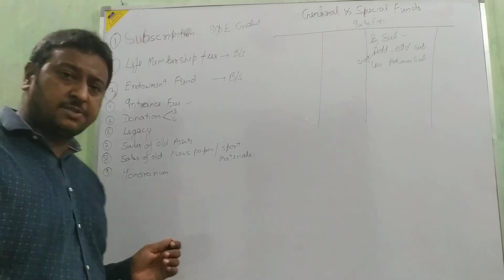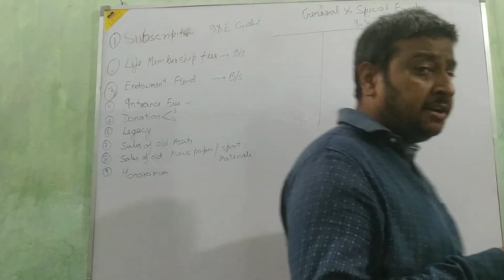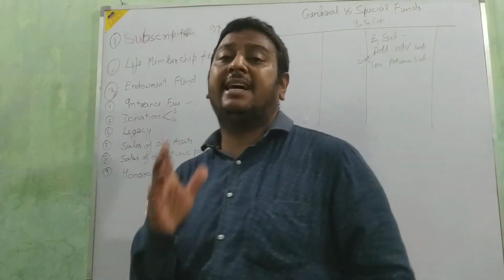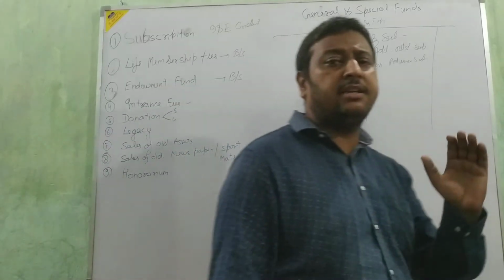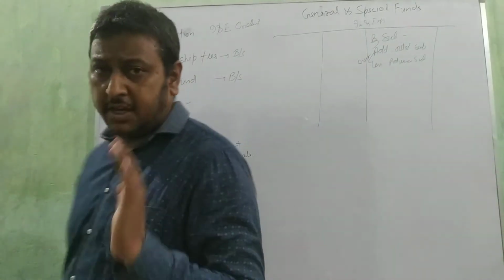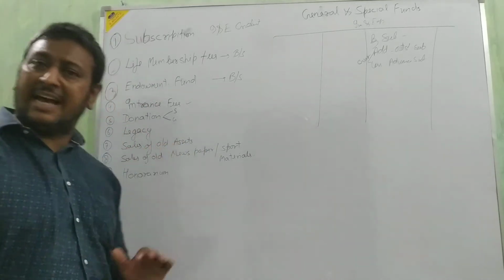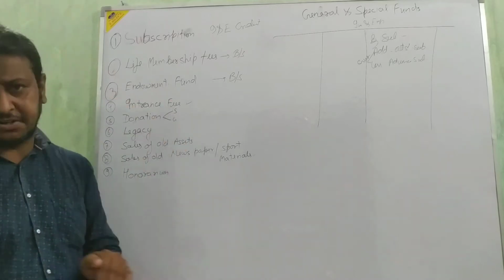In this entrance fee, we generally show the entrance fee in the income and expenditure account. But if any information is given that the entrance fee is capitalized, then we show that entrance fee in the balance sheet.